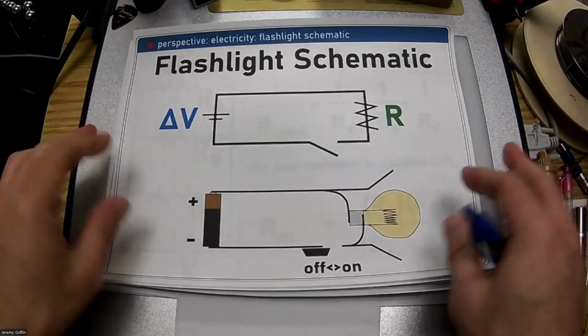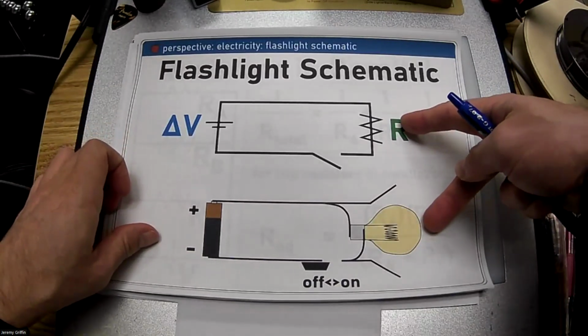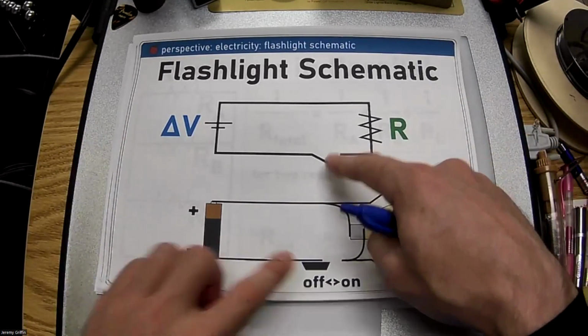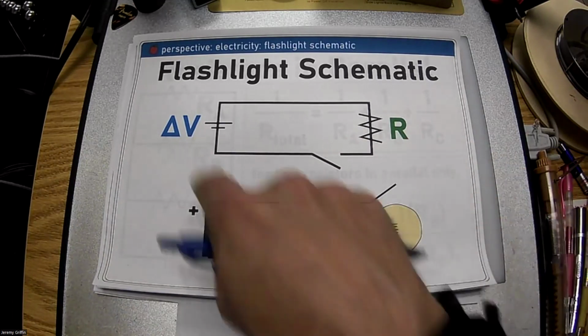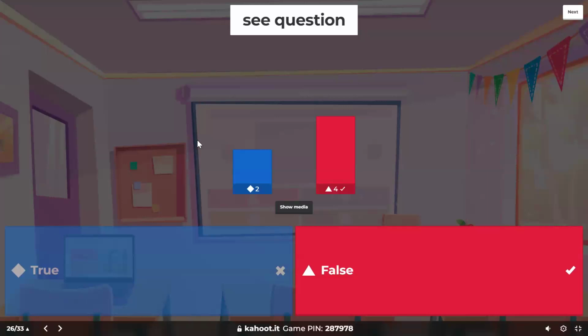So I have 3 things going on in this schematic: voltage source, resistor, which could be a bulb, and I also threw a switch in there. But if you want the bulb to light, it has to be a closed circuit. So if you hit the on switch, you can close the circuit and the bulb will turn on. Yeah, you need a complete path for the current to flow.